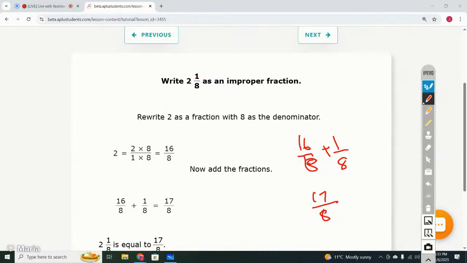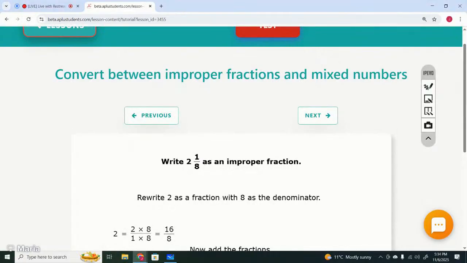So 2 whole 1 by 8 can be written as 17 over 8. Okay, let's just start with the test questions.